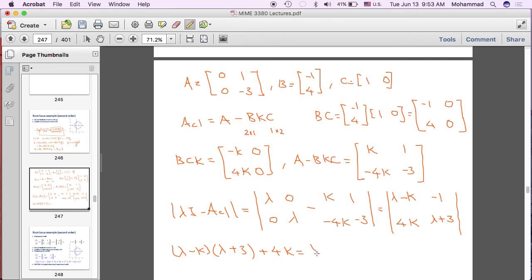So it becomes lambda squared plus 3 minus K times lambda plus 4K equals 0. If you set that equal to 0, you find the eigenvalues of the closed loop.